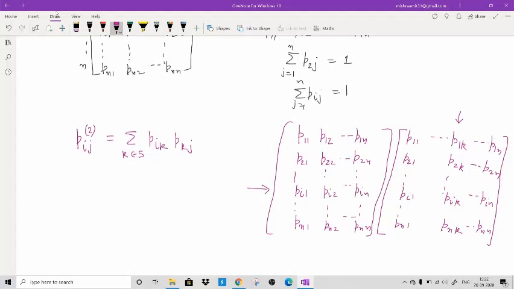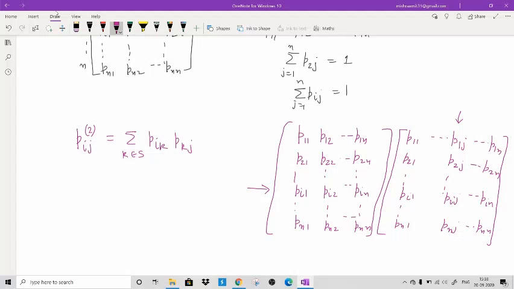So instead of k, the better notation will be j. That will be better. So if I put j here, then it is more clear. So Pi1, P1j, Pi2, then P2j, and so on.